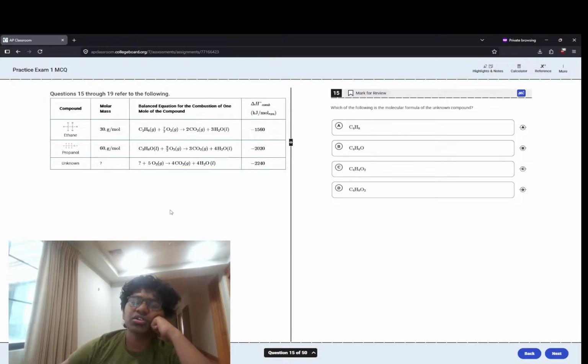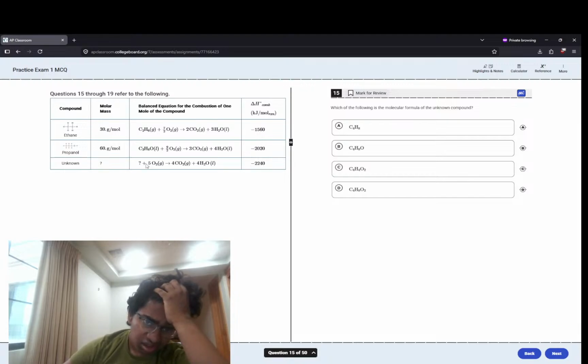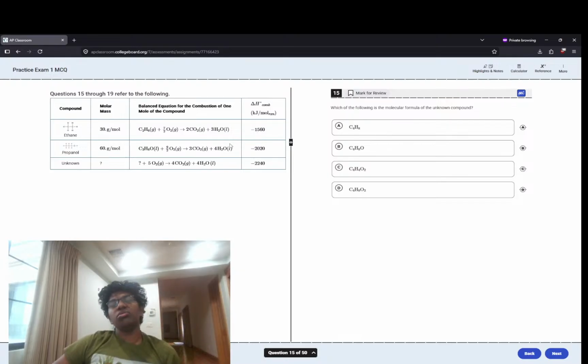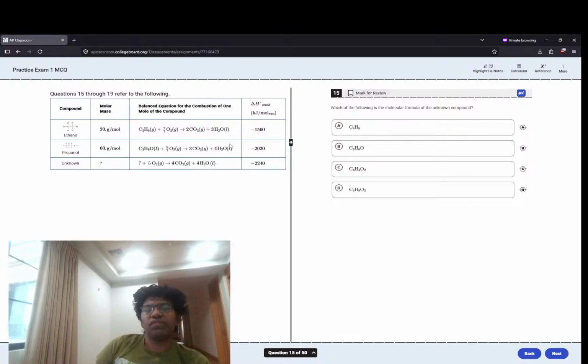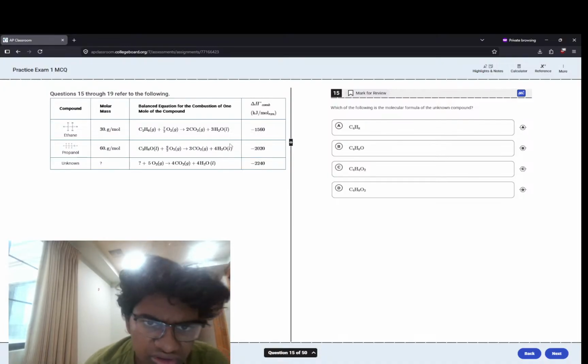So, which of the following is the molecular formula of this unknown compound? I guess we're just supposed to use logical reasoning, but I don't really want to do that. So let's try to think this through. Is there any way we can do this without doing any of the hard work that you actually have to do for this problem?